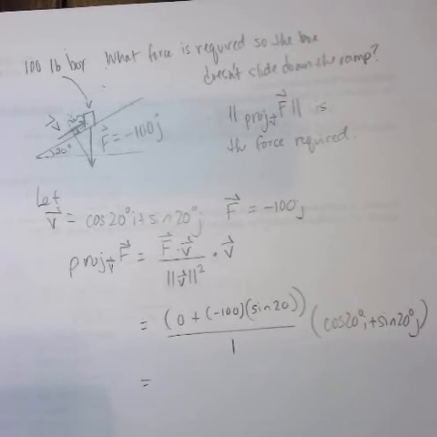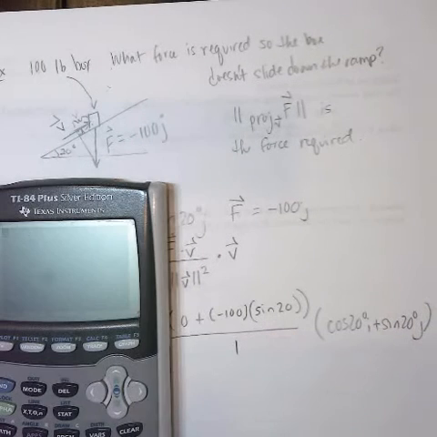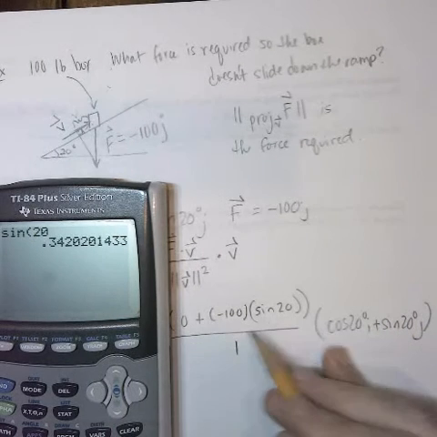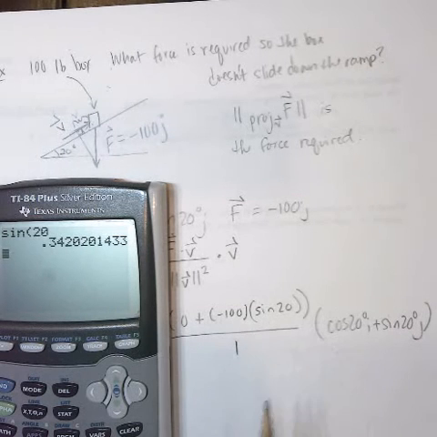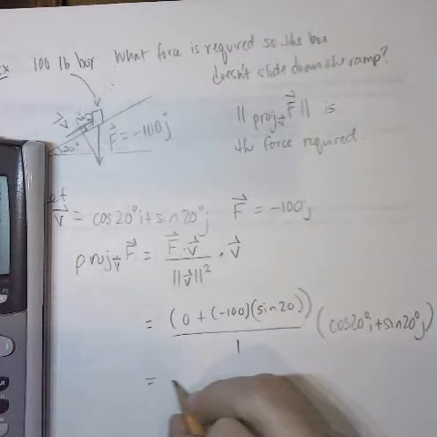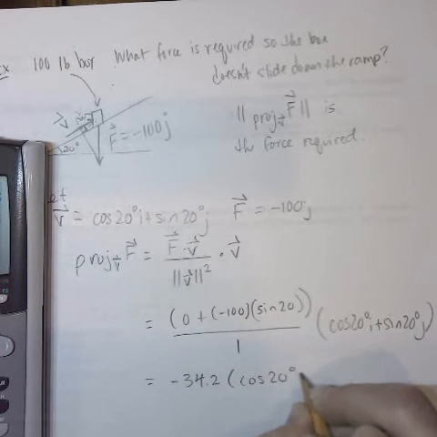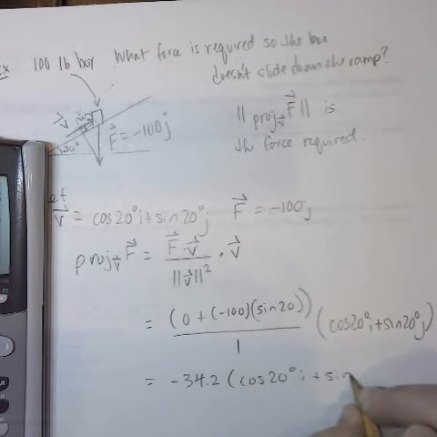Make sure I'm in degrees. Okay, so sine of 20 degrees, and then I'm taking that times negative 100. So negative 34.2 times cosine 20 degrees i plus sine 20 degrees j.